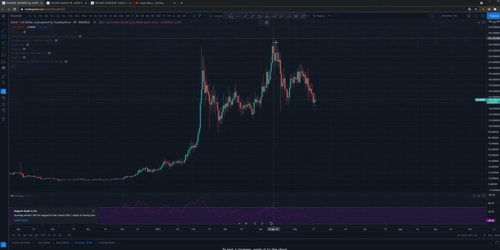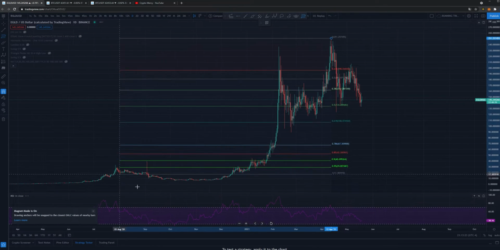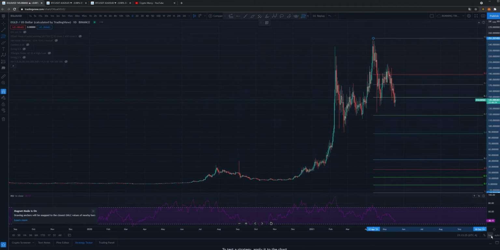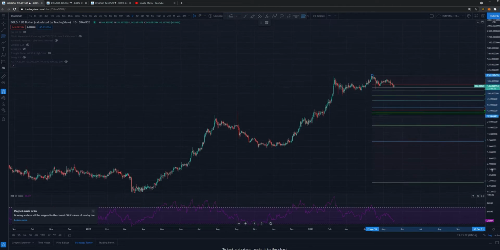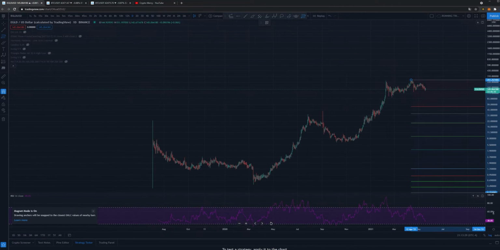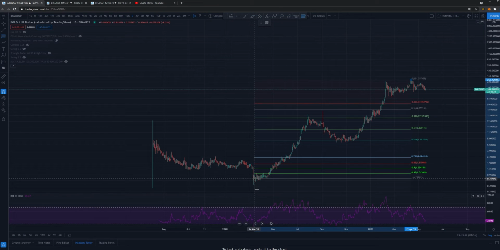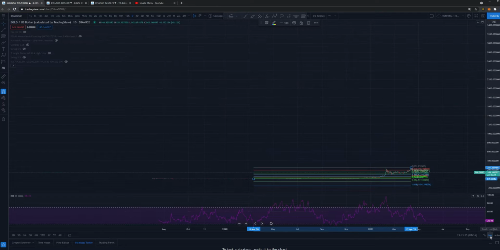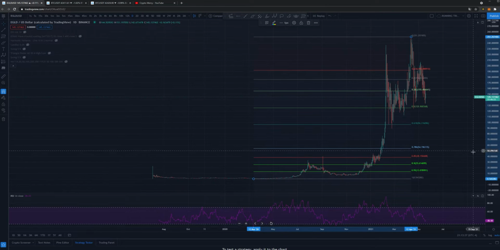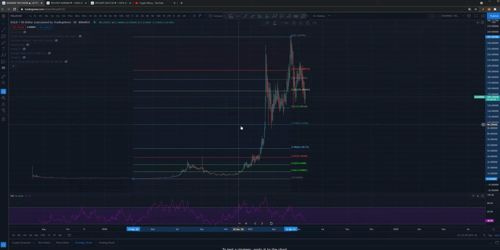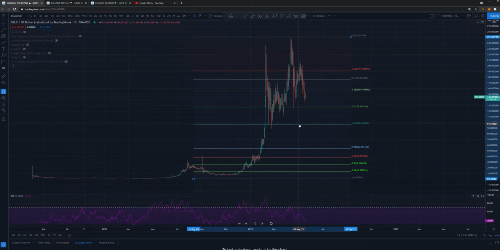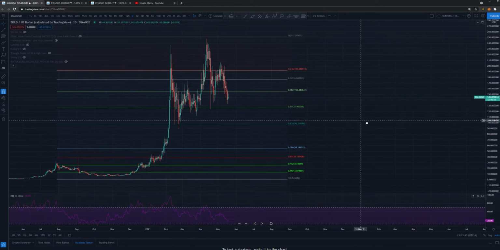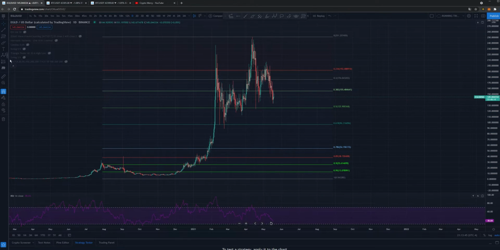You can take your magnet, you click on the top, and you will have to try. It's much easier for me on logarithmic mode, but you're going to have to find the lowest point, and you can come back on the normal chart after that. Okay, and you will have all your Fibonacci extensions there.